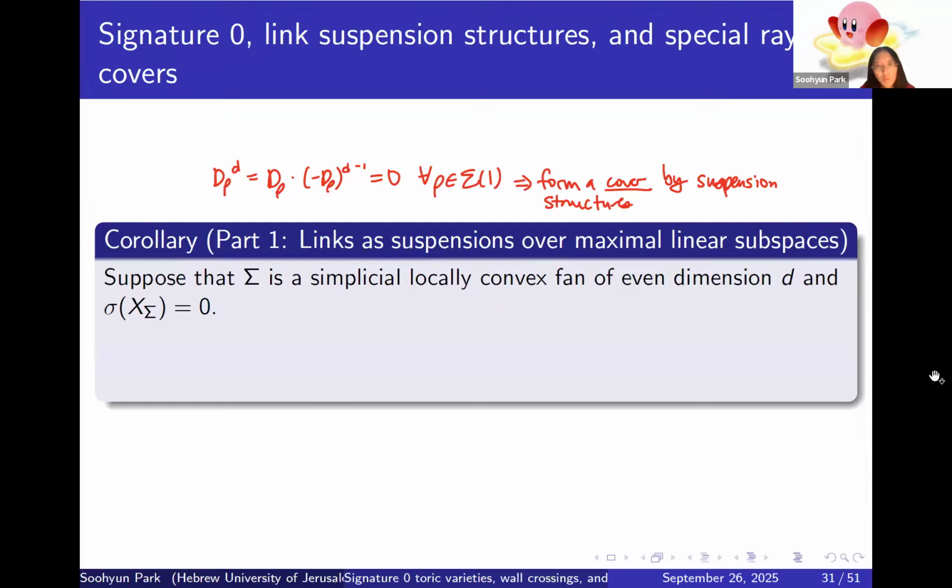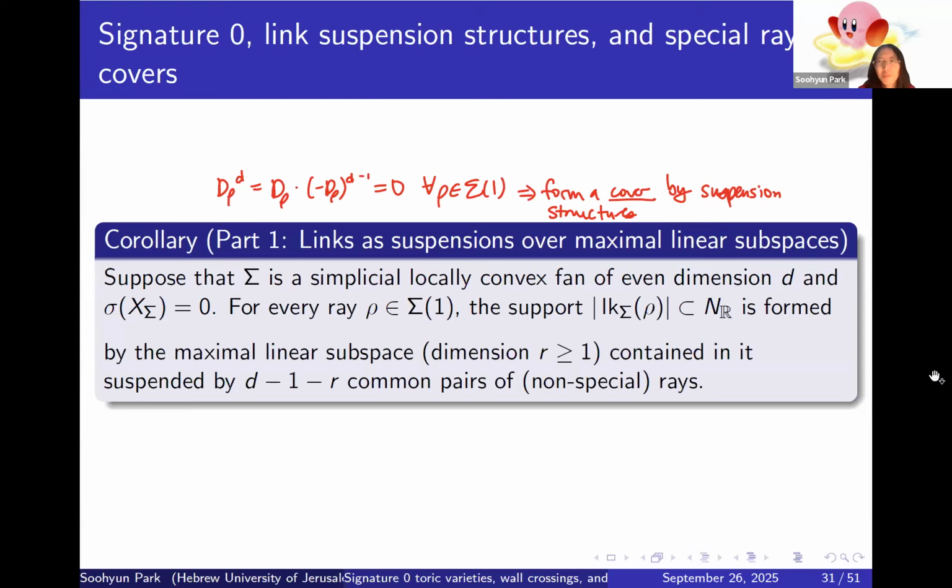So this corollary is more of the same, but the point is that because we have that the signature is 0, these funny suspensions over linear subspaces by cones cover the entire space. So this is also saying things backwards, because we want to first say how we're going to construct the link over each ray.